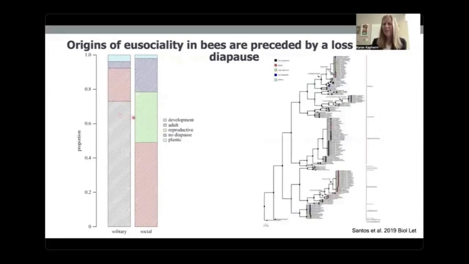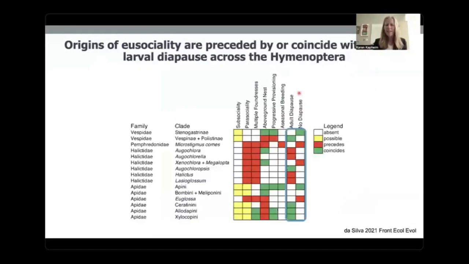We put this into an ancestral state reconstruction analysis, and sure enough, the ancestral state is predicted to be larval diapause, as indicated by these black nodes here. But in every case of an origin of eusociality in the bees, there's first been a loss of larval diapause. So this suggests that there's really something going on between the loss of larval diapause and sociality.